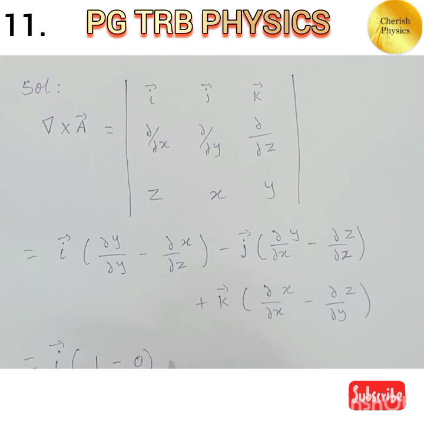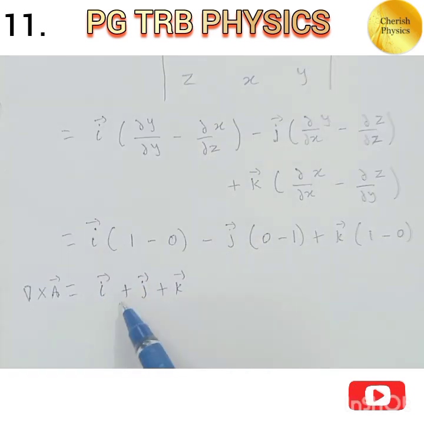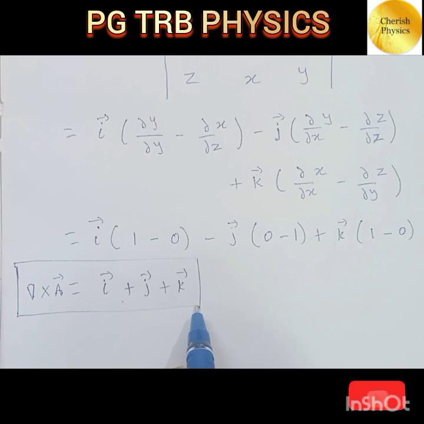So 1 minus 0 minus j vector into 0 minus 1 plus k vector into 1 minus 0. Therefore, del cross A equal to i vector plus j vector plus k vector. Therefore, the answer is option A.